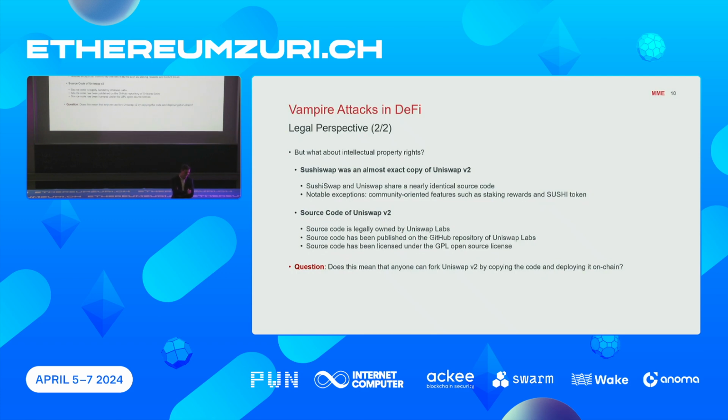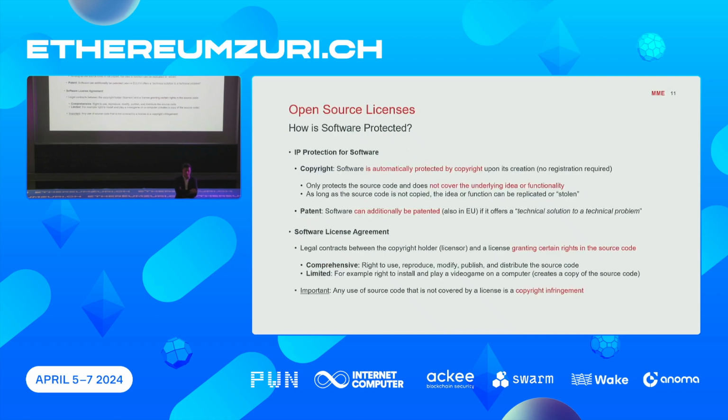From a legal perspective, it's important to see that the source code of Uniswap version 2 at that time was owned by Uniswap Labs. It was published on GitHub, and licensed under an open source license. But does that alone mean that you can just grab the code, redeploy it, and create your competitor? To understand that, we have to understand how software is protected.